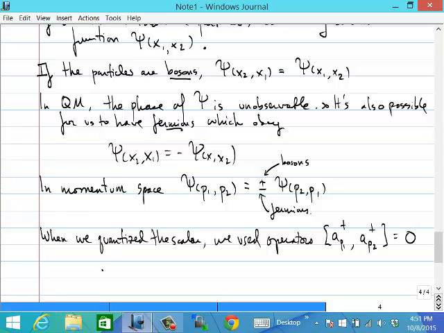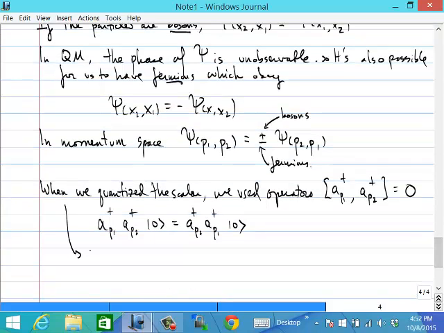So that, for example, a two-particle state where you have two particles with momenta p1 and p2 is the same as the state where you have the creation operators applied in the opposite order. Okay. So these particles were bosons.